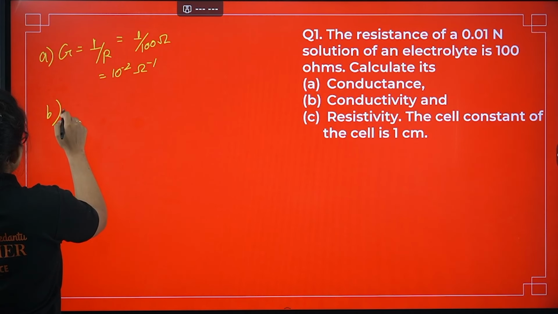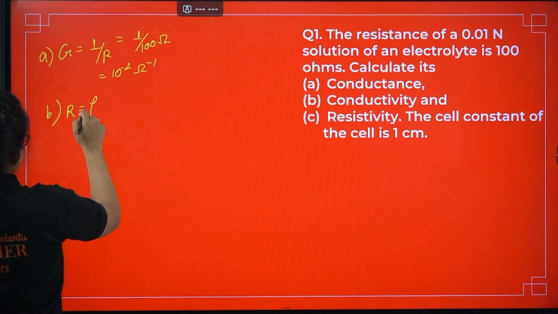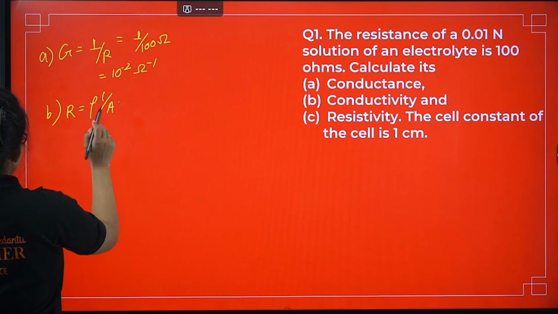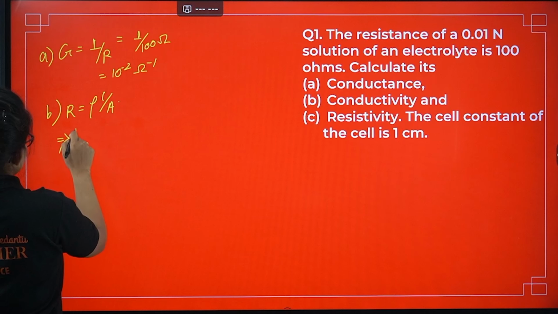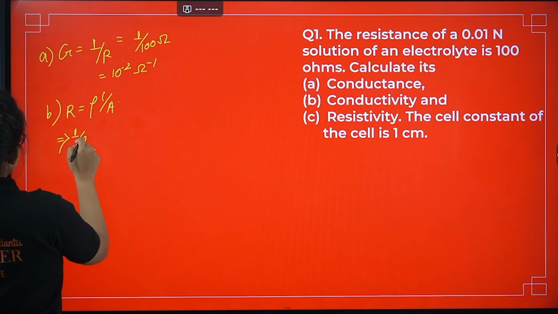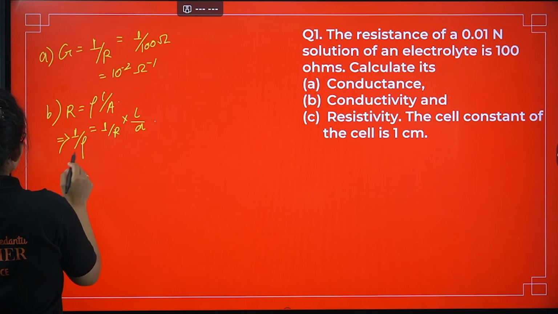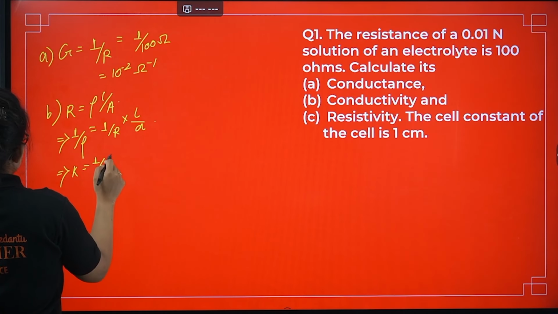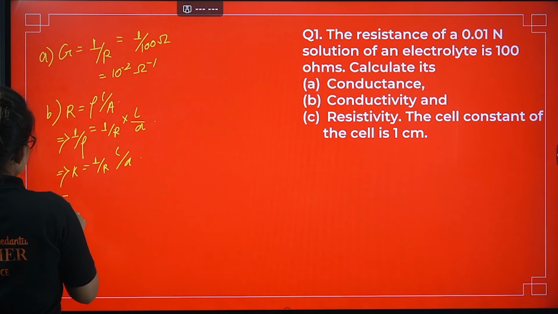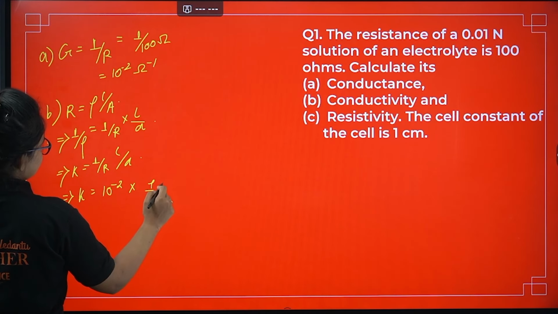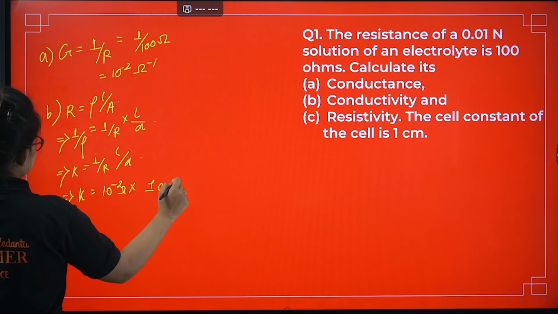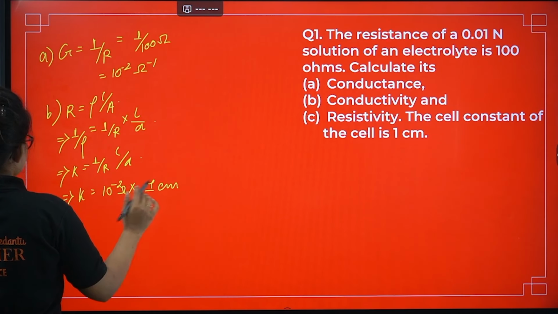So basically R equals rho into L by A. If I just take the reciprocal, 1 by rho, that is the conductivity, is basically equal to 1 by R into L by A. So kappa is going to be 1 by R into L by A. Now let's put everything over here. 1 by R we have already calculated, that is 10 power minus 2, into L by A, which is nothing but the cell constant, centimeter inverse basically.